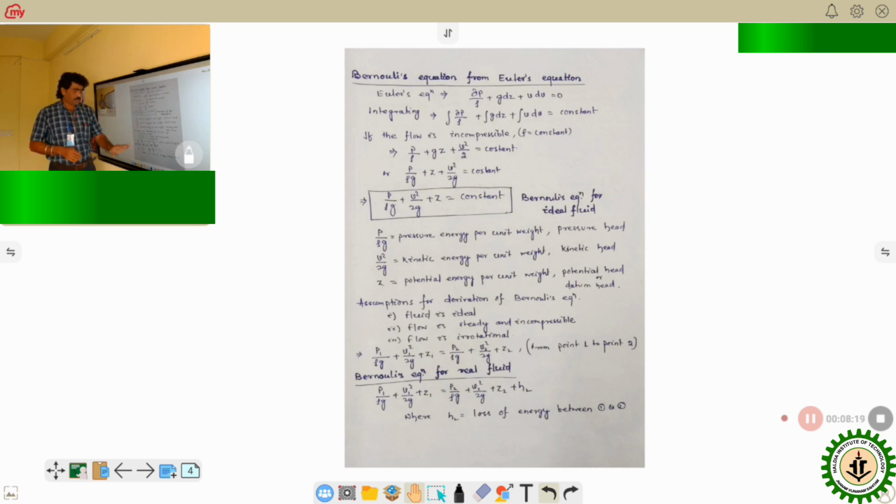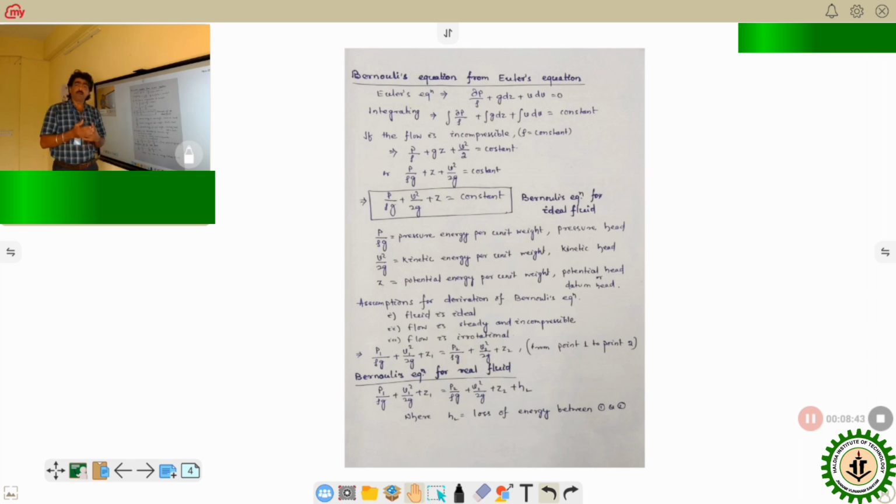Bernoulli's equation for real flow: suppose my flow is from 1 to 2. P1 by rho g plus V1 square by 2g plus Z1 is equal to, at the second point where the flow is going from 1 to 2, P2 by rho g plus V2 square by 2g plus Z2 plus loss. That loss, in head form, we write as HL.